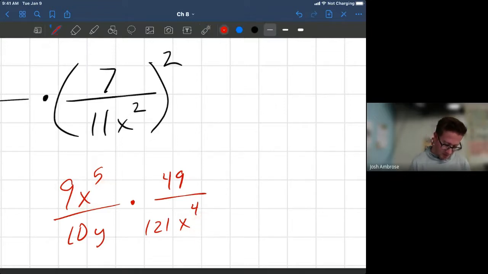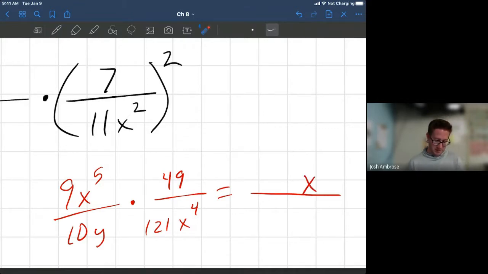So if we simplify that on top, we're just going to be left with x, right? Because same base, 5 minus 4 is 1. They never write that one exponent. So we know we're going to have an x on top. You should see there's this lone y all by itself. Nothing to go with. That will stay on the bottom.